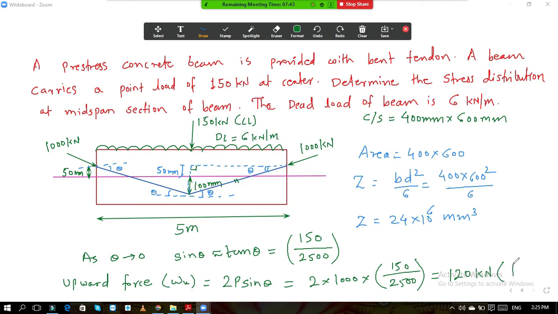Okay, so now what is the downward load? This point load is moving up, and the downward point load is 150 kilonewton. So the downward load is equal to 150 kilonewton.